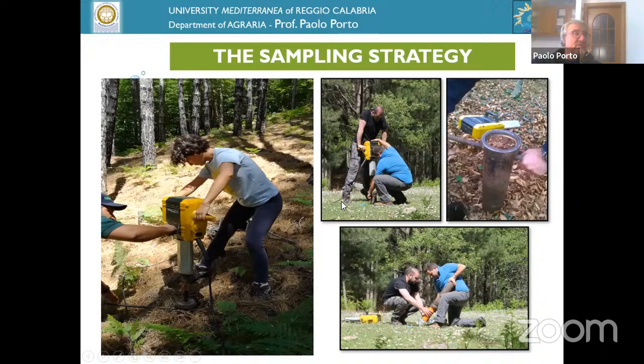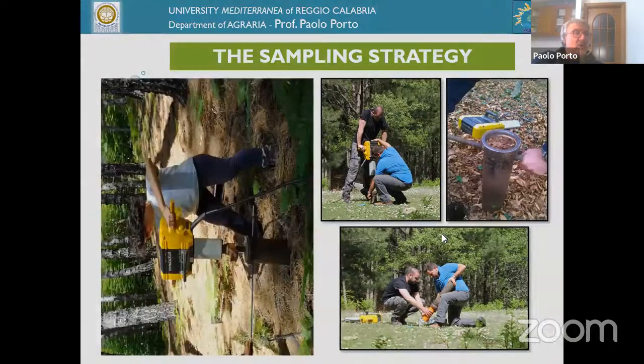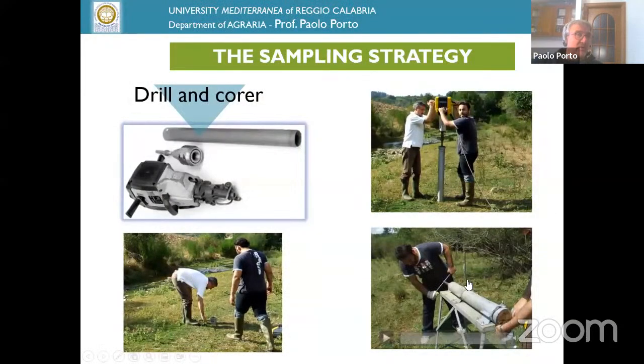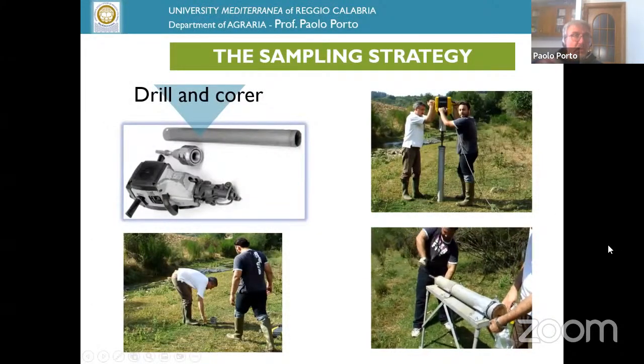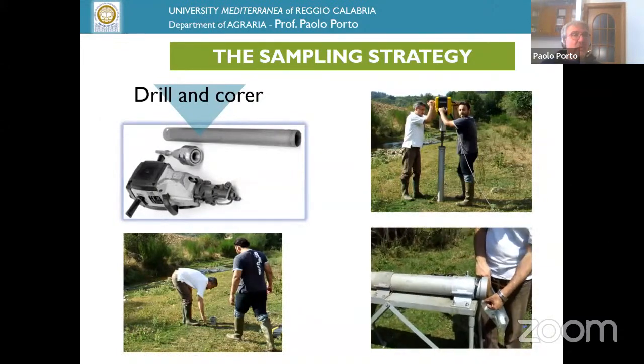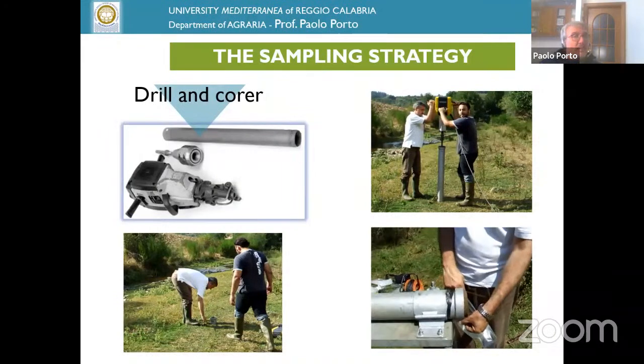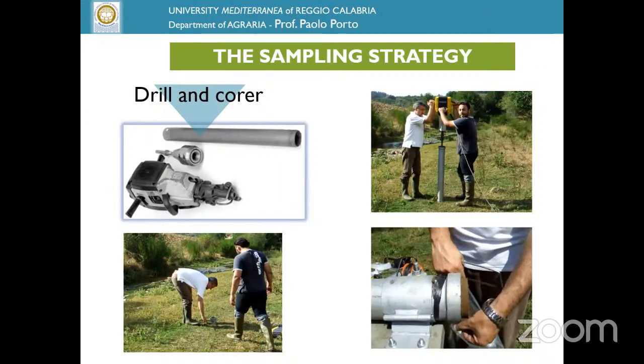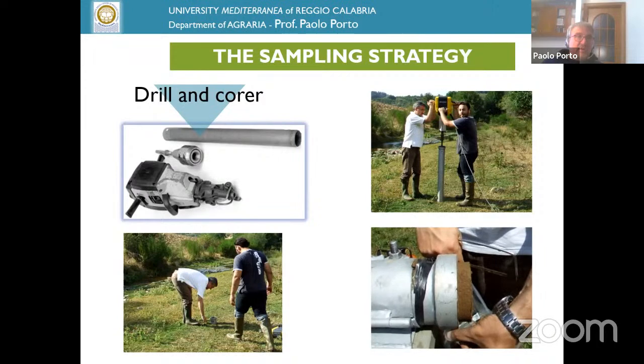After that, we insert the core into the soil and we remove it. We can also remove the plastic pipe that contains the soils. And then we can use a tool like this in order to slice the soil. Can you see that? Yes. Okay, and then we can slice this soil little by little.